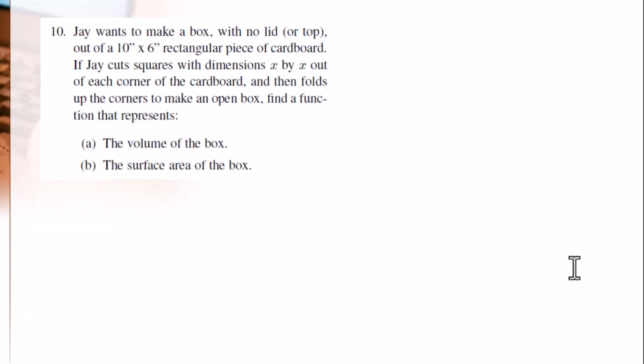Let's go to number 10. D wants to make a box with no lid out of a 10 by 6 rectangular piece of cardboard. If D cuts a square with dimensions x by x out of each corner of the cardboard, and then folds up the corners to make an open box, find the function that represents the volume of the box. This is a rectangular piece of cardboard, 10 by 6.